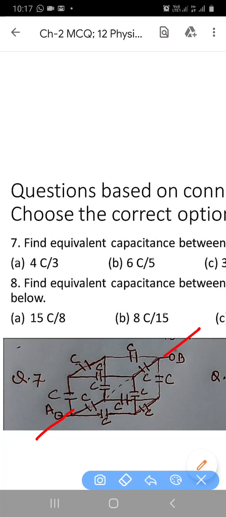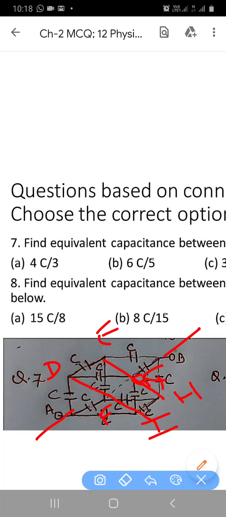Here for this one, all the points, say if I take A, D, E, and here I take F, here I take G and here is H. And here I take I. So D, F, I are at the same potential, and E, G and H are also at the same potential.